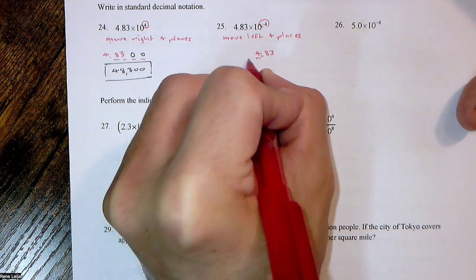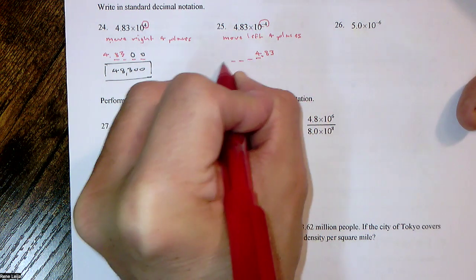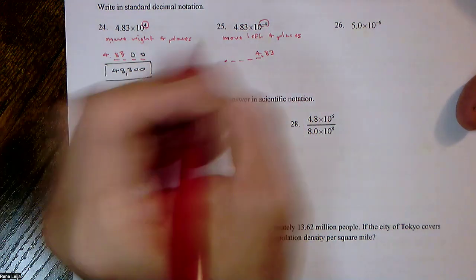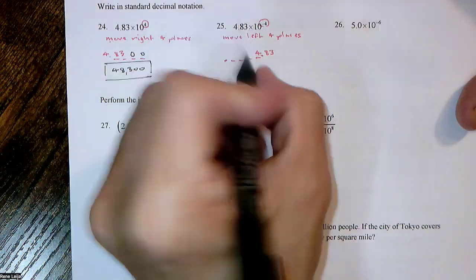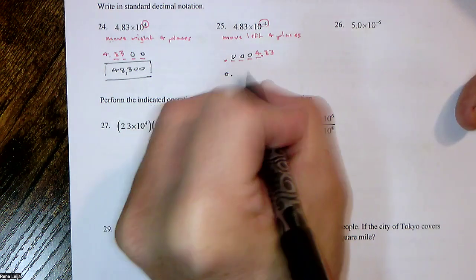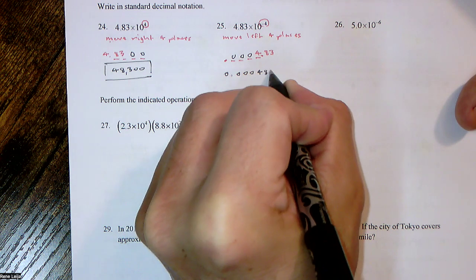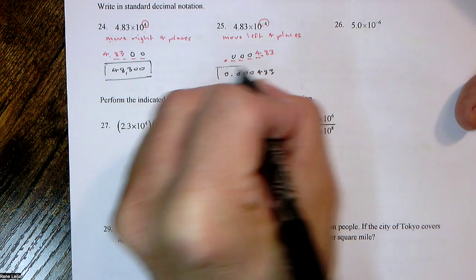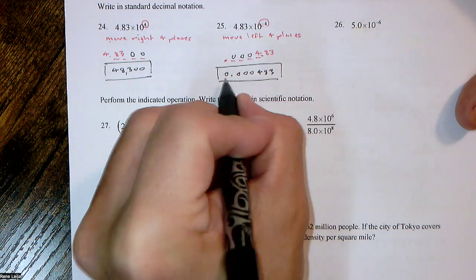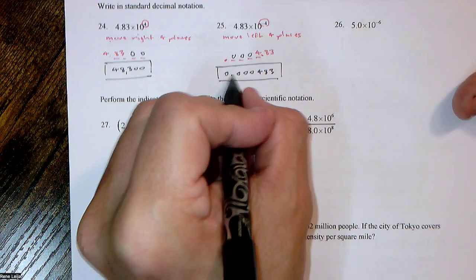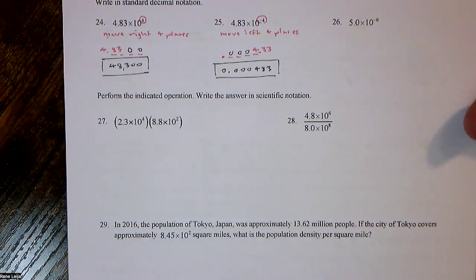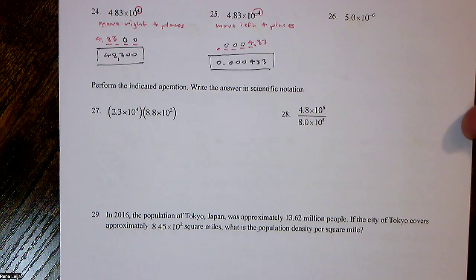So there's 1, 2, 3, 4, and this is where my decimal will land. So I'm going to fill in those zeros. We're going to have 0.000483. And this is my number. Now, people always ask, do you have to put this first 0 in front of the decimal? No, but it's good manners. It's proper for you to do that.